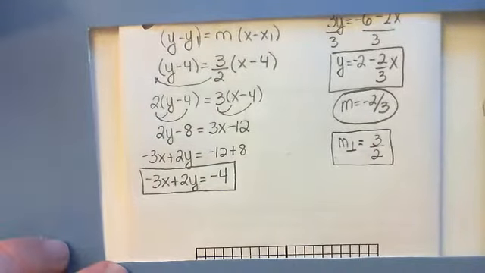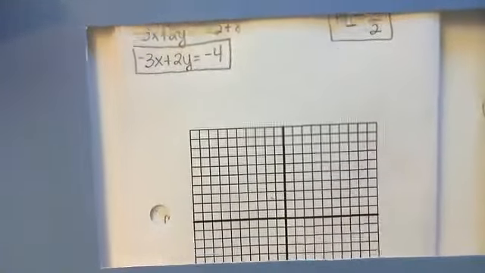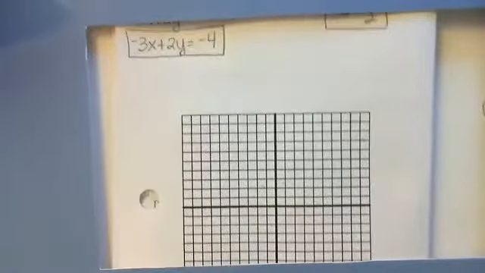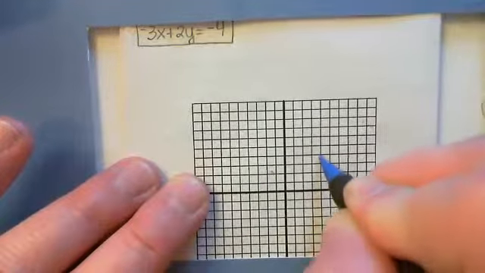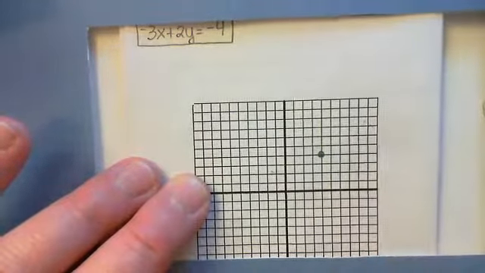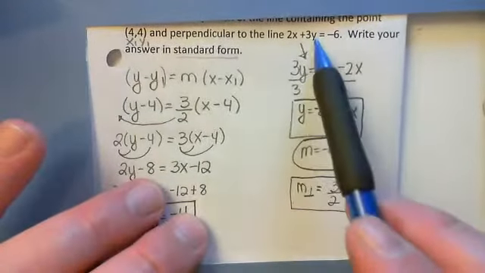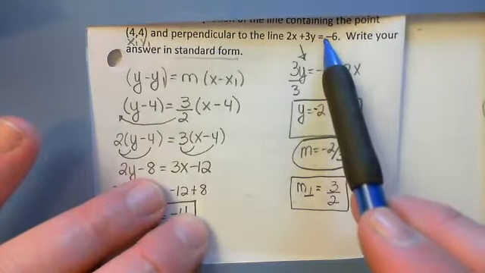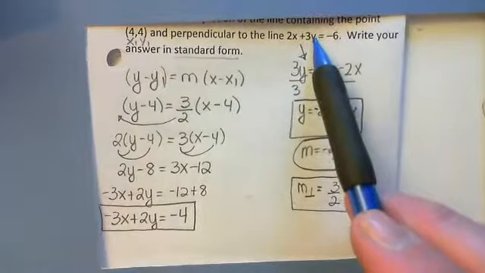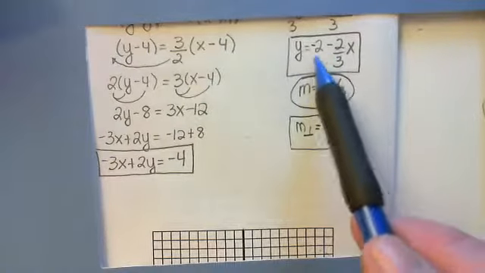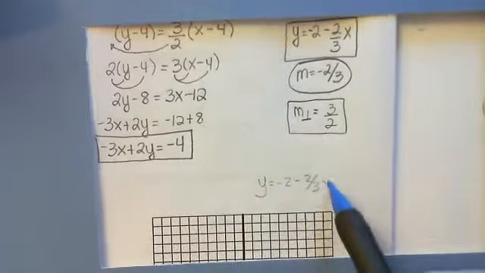Okay. Now, I also provided you here a graph just to illustrate what's going on. The problem gave us a point, which was (4, 4), right there. The problem gave us a line, which was 2x plus 3y equals negative 6, and asked us to find the equation of a new line that would be perpendicular to this line. So let's first draw this line so you can see it on the graph. The equation would be y equals negative 2 minus 2/3 x.